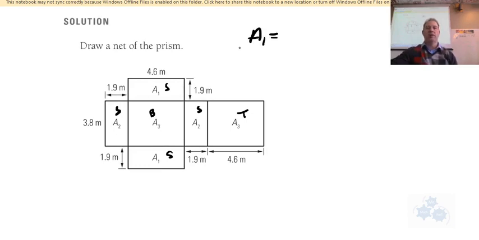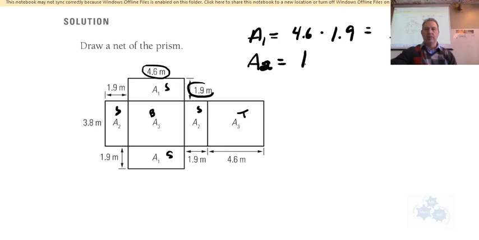So area 1 is a rectangle, so it's going to be this dimension times this dimension, right? And then you're going to have that area for area 1. Area 2 is going to be 1.9 times 3.8. That'll give you a second one.